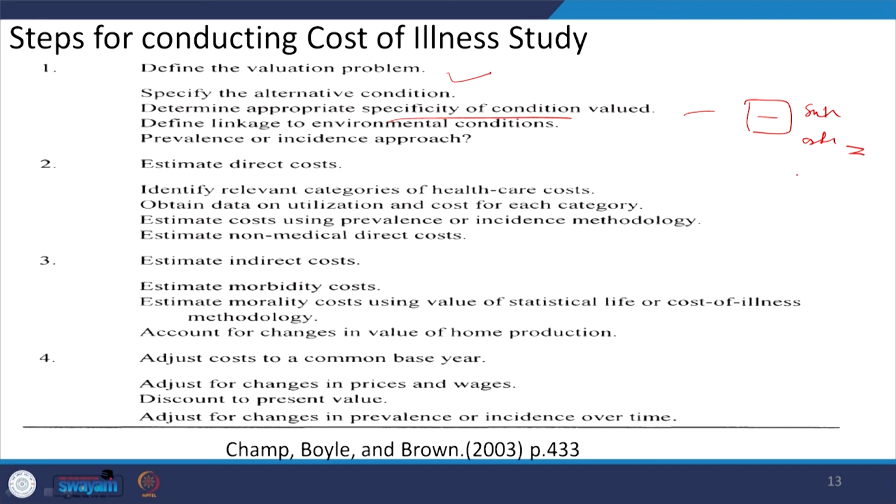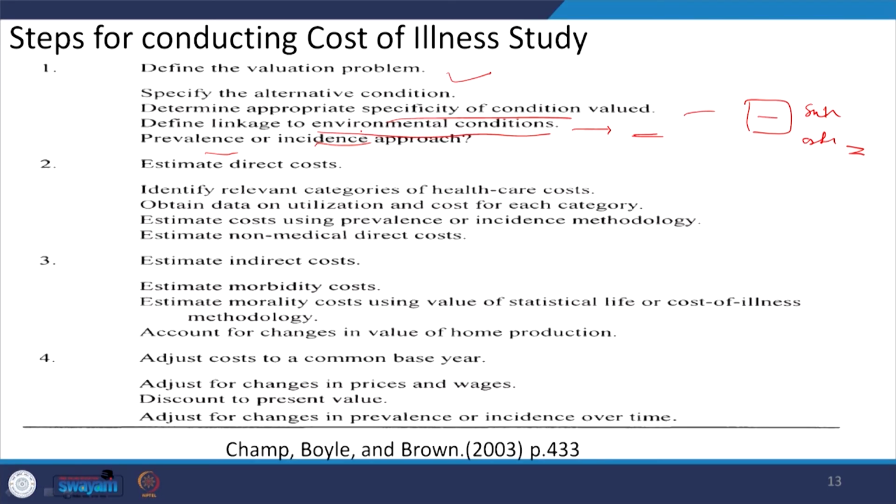So, we need to specify the conditions to be valued. Then we need to define the linkages, that is, the correlations between these environmental conditions and the kinds of diseases that we are facing. Then the prevalence approach or the incidence approach, which kind of approach you are taking.